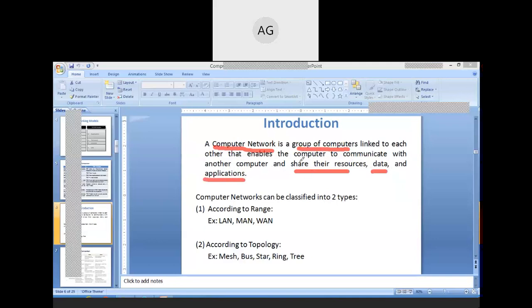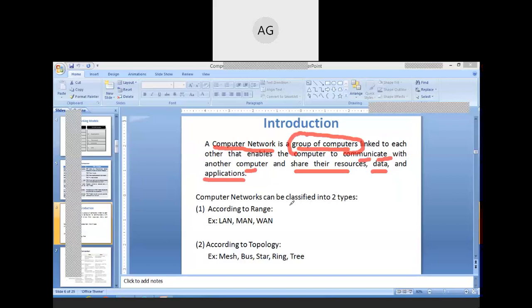So this is very important, that a computer network is formed from a group of computers. And the purpose of a computer network is to share resources among computers, like resources, data, and applications.